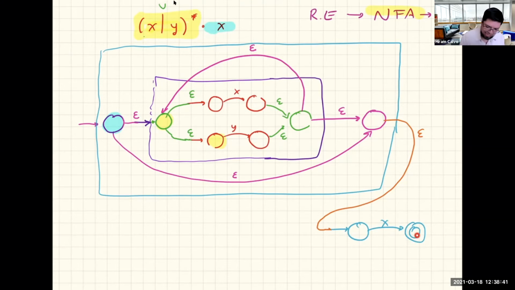Leave this as the accept state. And that's it. Now if you want, you can see all this like a new box that has one initial state and one accept state. So we have finished now.